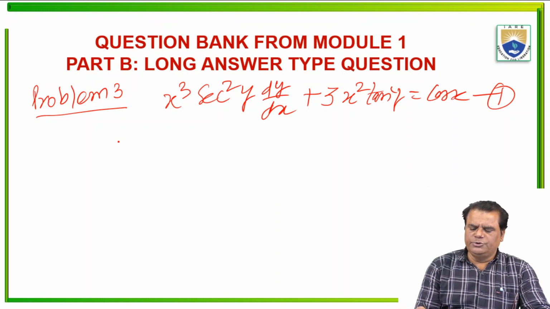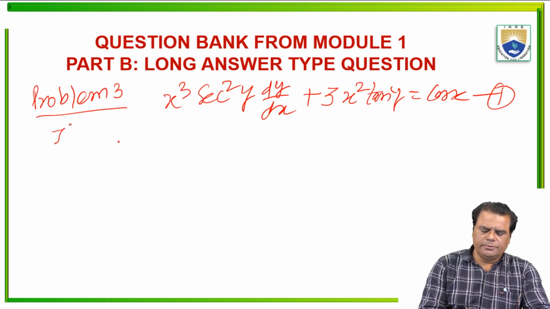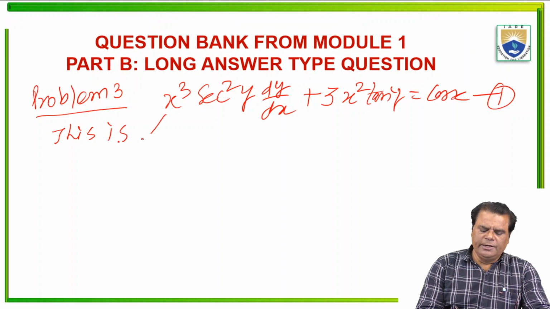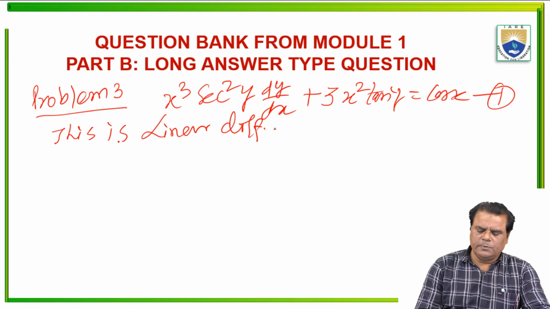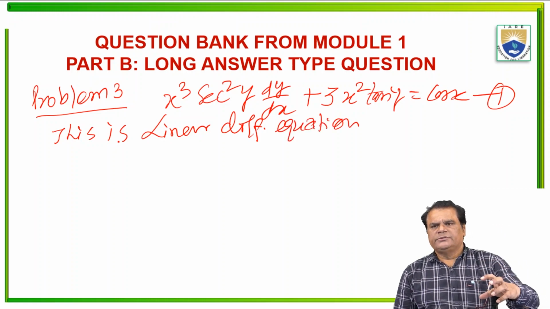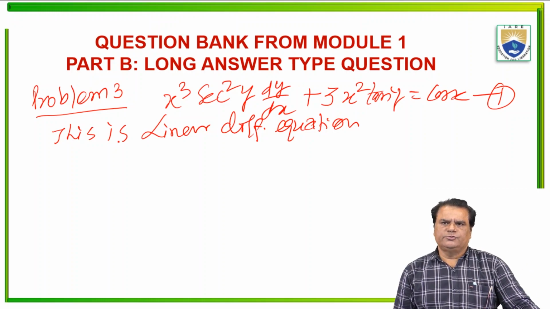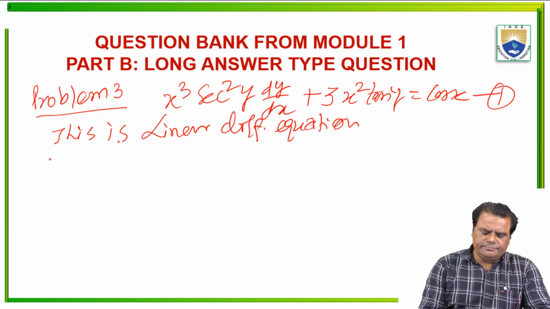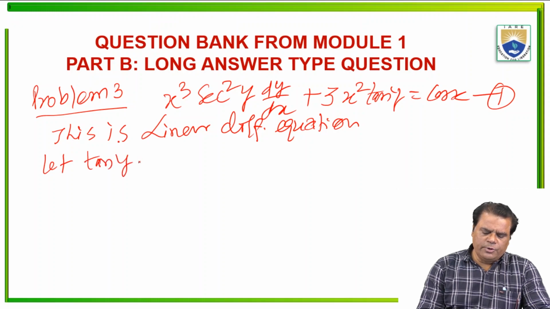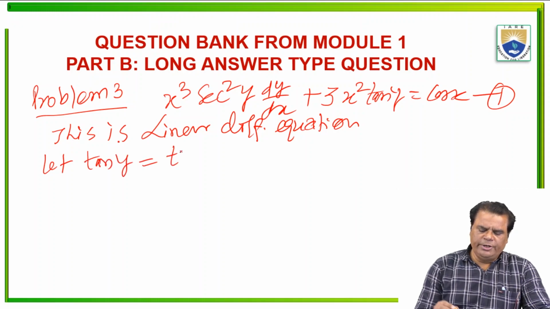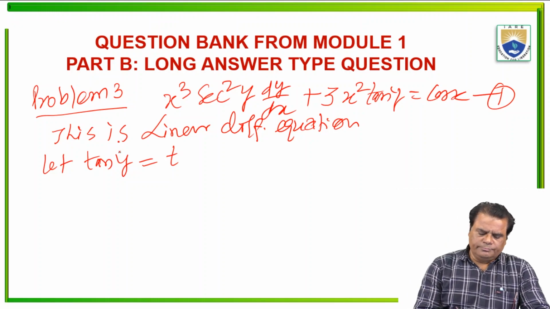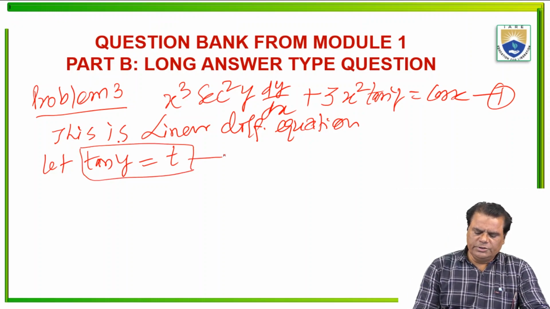This is a linear differential equation. After substituting some value, this question converts into linear. So how can we convert it into linear? Let tan y equal to t. This is equation 2.